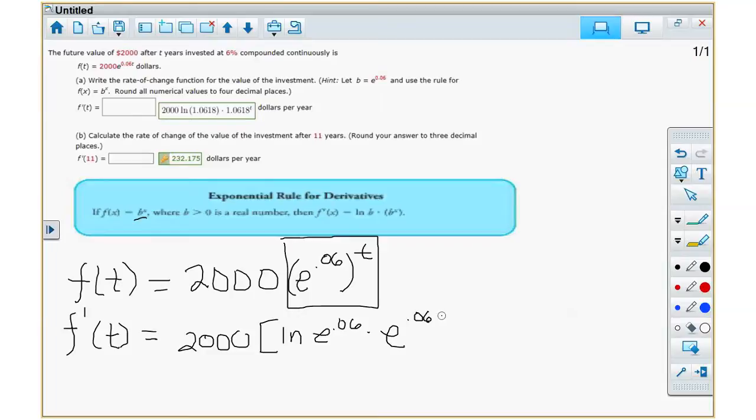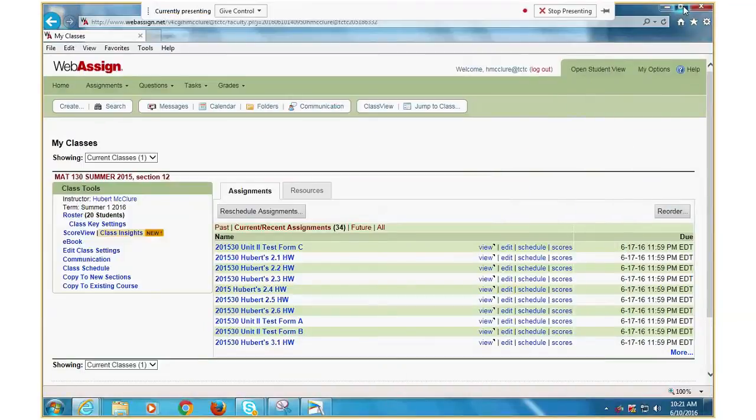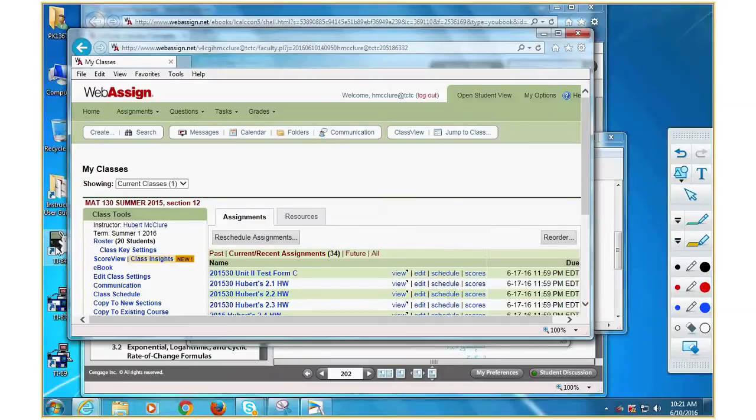Or they're saying it's e to the 0.06, which it's going to be that, because you can take e to the 0.06 and make that a constant. Let's go ahead and see what e to the 0.06 is. Pull up our handy dandy calculator.